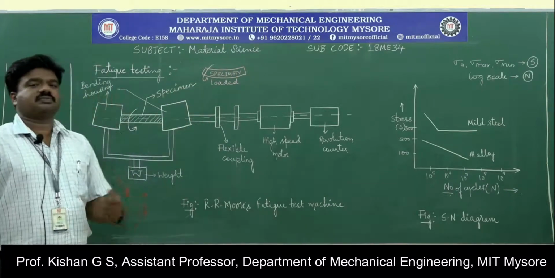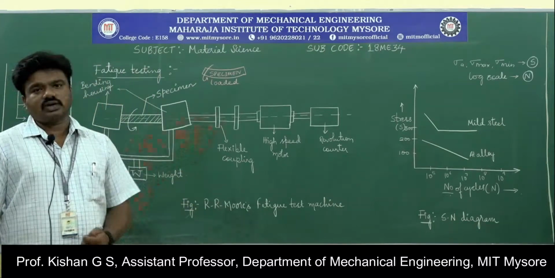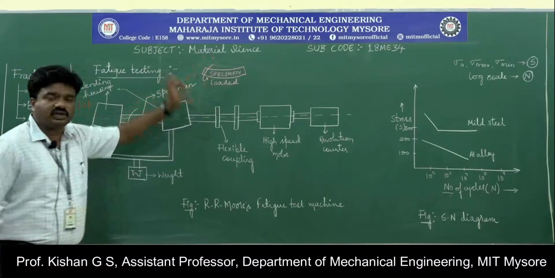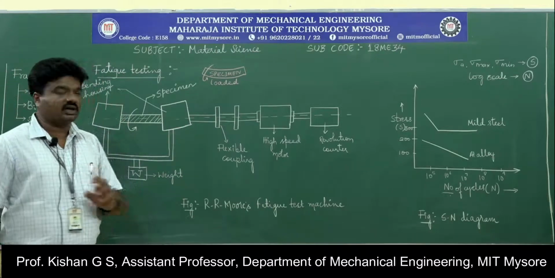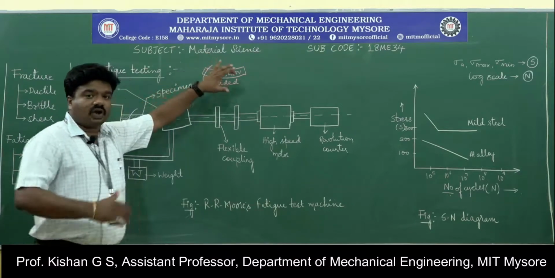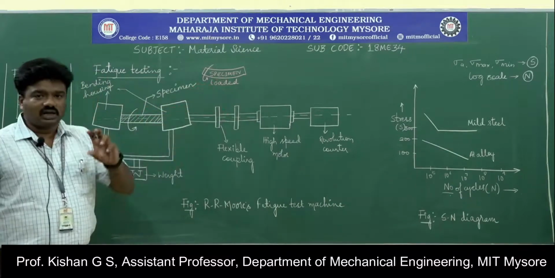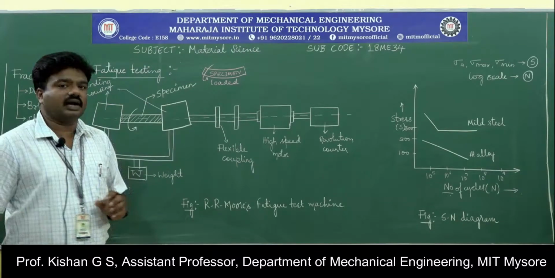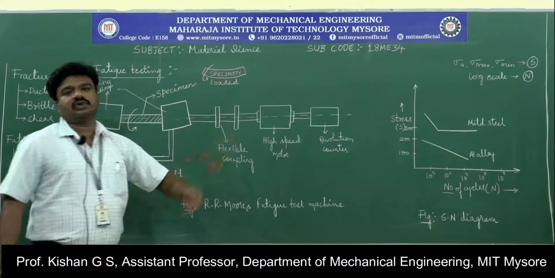It is as simple as bending a wire, the illustration we took in the explanation of fatigue. The specimen is continuously rotating, so at any instant, the uppermost fibers at one particular position will become the bottommost fibers at another instant. Hence the material is subjected to alternating loading, and the fiber experiences compression and tension alternately during the rotation.